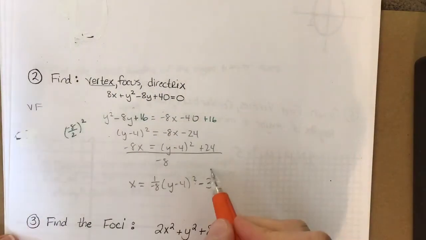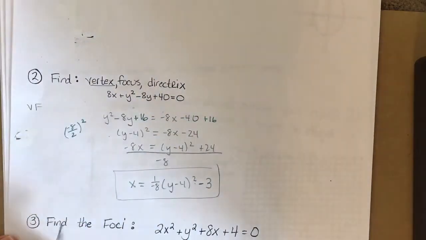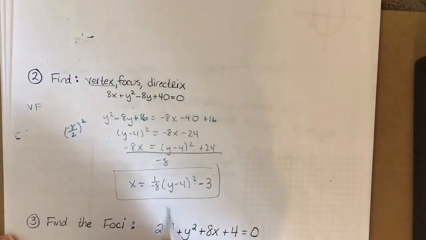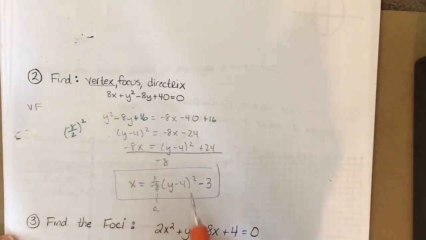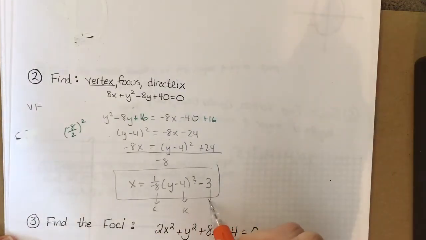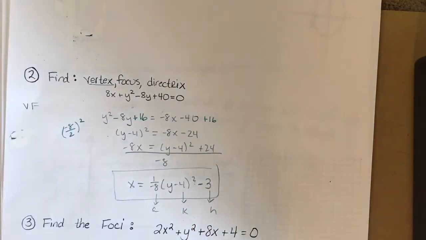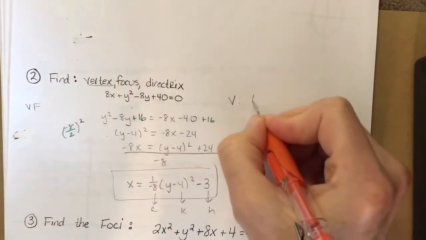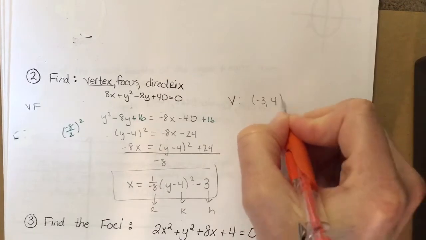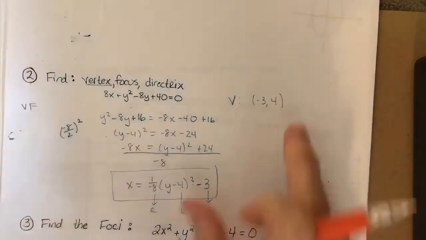All right, vertex form. And from that, you can find the vertex. X equals a, y minus k, quantity squared, plus h. Remember, k always goes with the y. So the vertex is negative 3, positive 4.